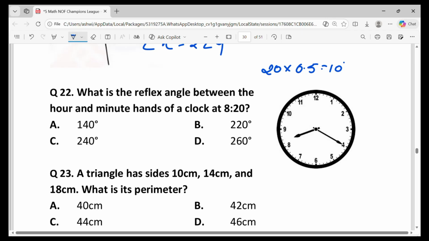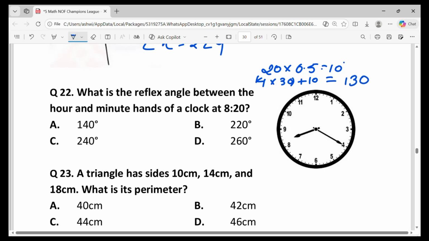So at 8:20, the minute hand is at 4 and the hour hand is 10 degrees past 8. So the number of intervals between the hands is 4, that is from 4 to 8. So the angle is 4 into 30 plus 10, that is equal to 120 plus 10, that is equal to 130.